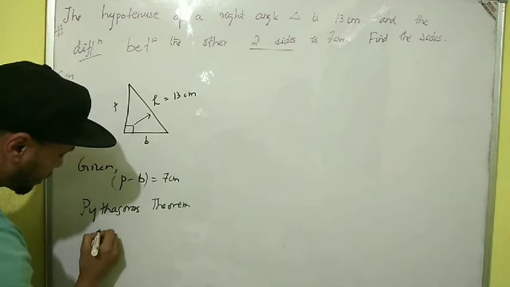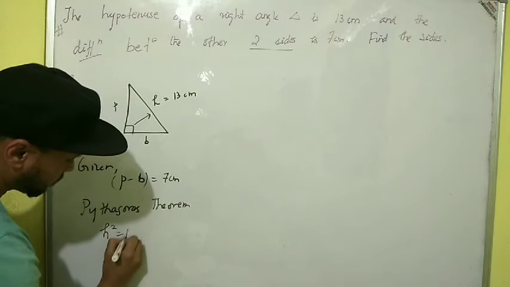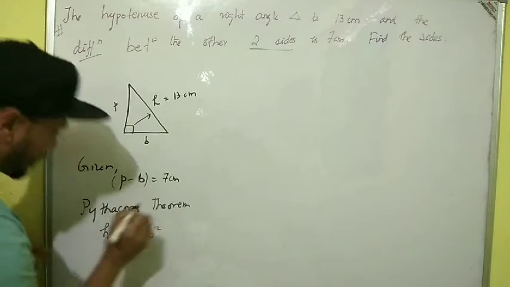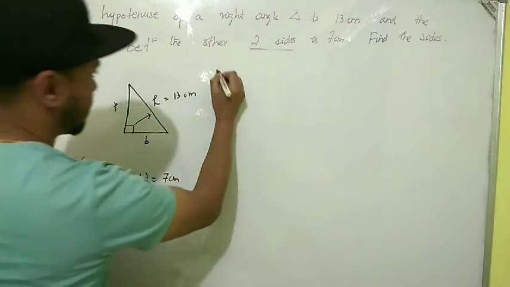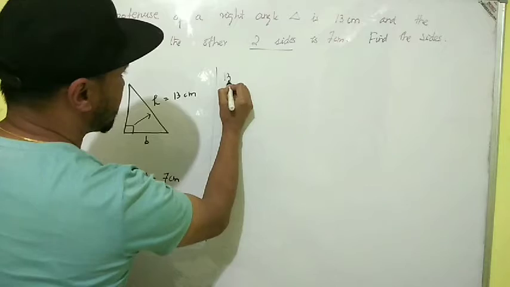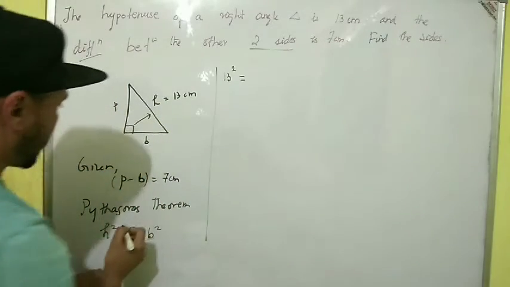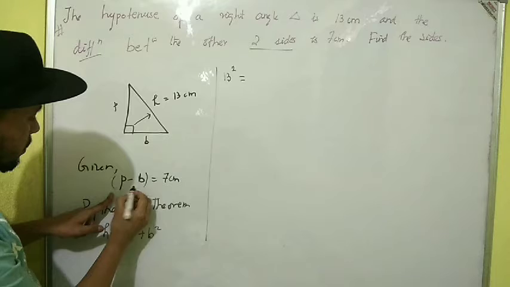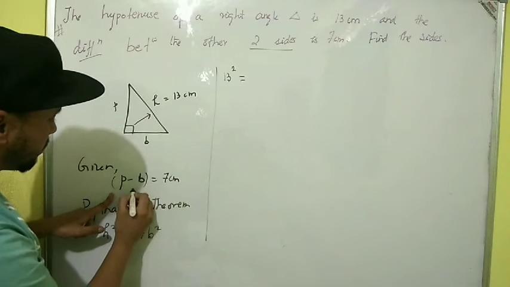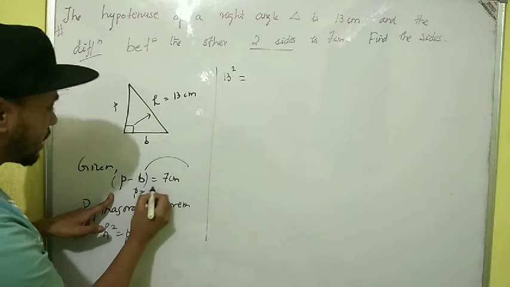If you use Pythagoras theorem, then h squared is equal to p squared plus b squared. Here h is 13. From the equation p minus b equals 7, we can write p is equal to 7 plus b, taking b to this side.